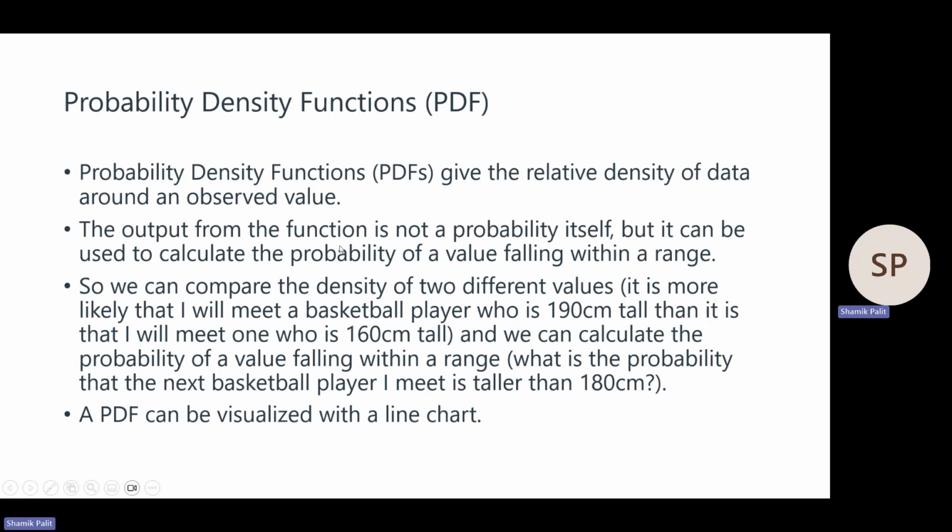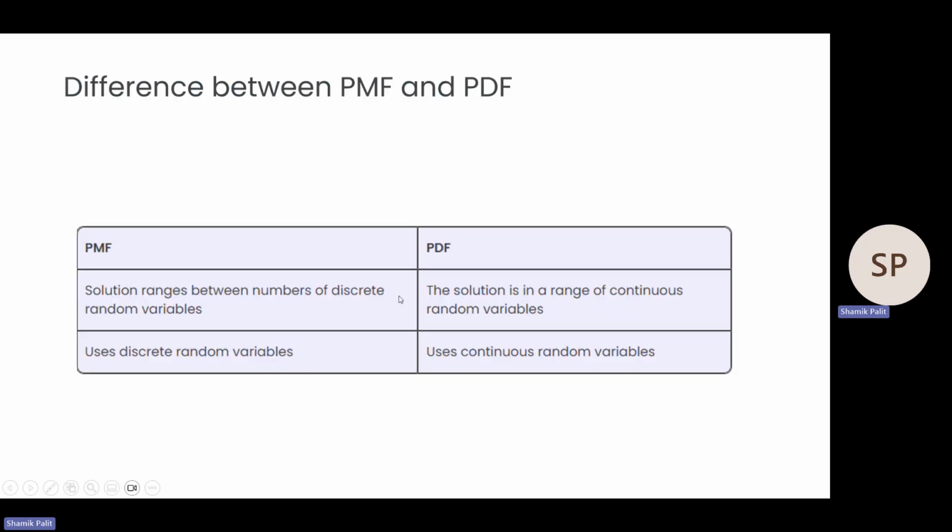So there are various probability functions we make use of. As I told you, one is known as PMF, which is used for discrete variables, and PDF is generally used for continuous random variables.